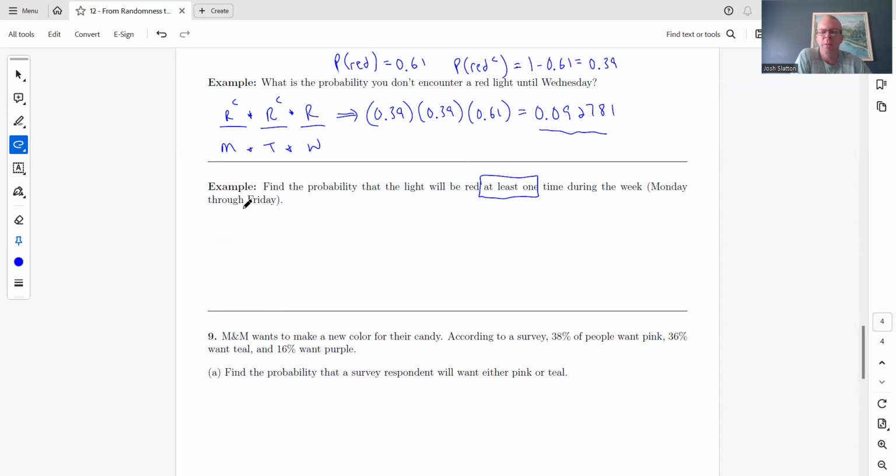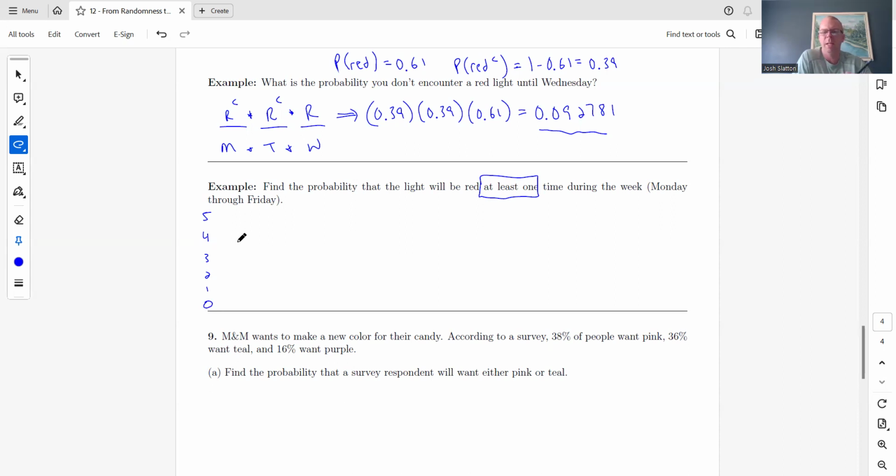So Monday through Friday, so we're looking at 5 days. If you go to a red light 5 days, how many red lights could you come to? So obviously all 5 of them could be red. All 5 days you get a red light, or maybe 4 days you get a red light, or maybe 3 days you get a red light, or maybe 2 or 1, and maybe you never get to the red light.